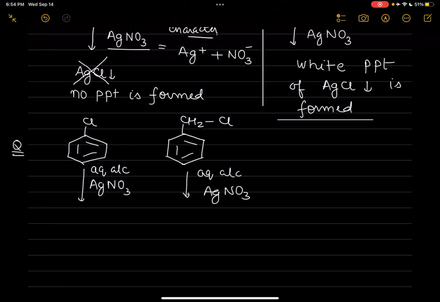Then where the Cl can come out very easily? Sir, in the second one, the Cl can come out. Yeah, in the benzylic chloride. This is benzylic. So here it can come out and here it can't come out because it is directly connected to the doubly bonded carbon. So it is overlapping. So no precipitate of AgCl is obtained. Is it clear? Yes, sir. And here a white precipitate of AgCl is obtained.